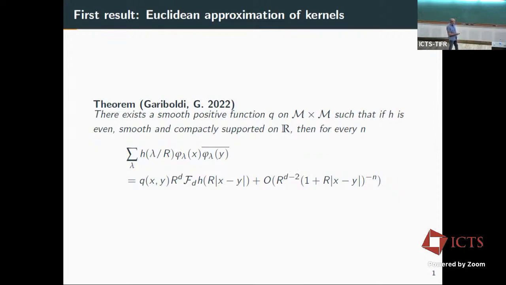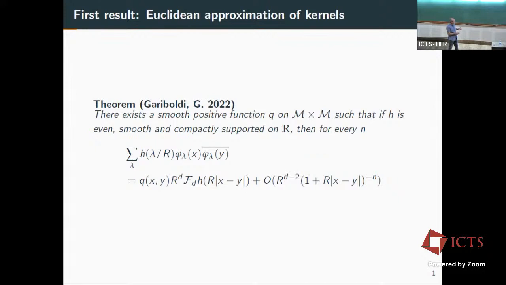Then you have this term, which you can call the Euclidean term, because you just take the function h and you take the d-dimensional Fourier transform. How can you do that if your function is even? You basically think of it as a radial function in R^d and take the d-dimensional Fourier transform.